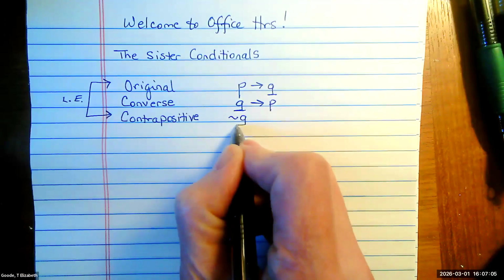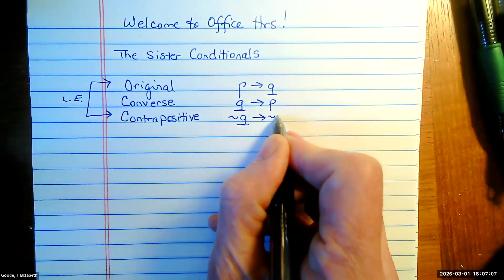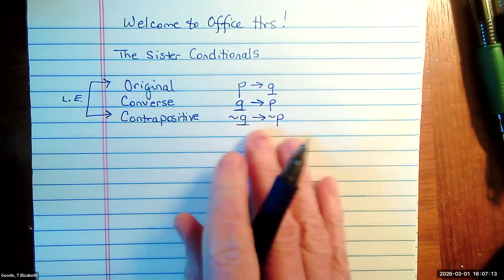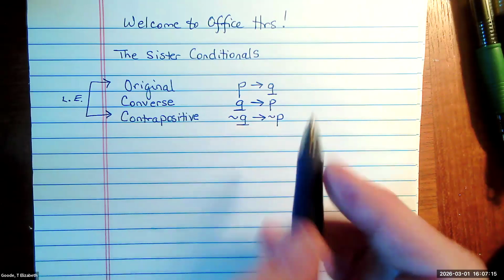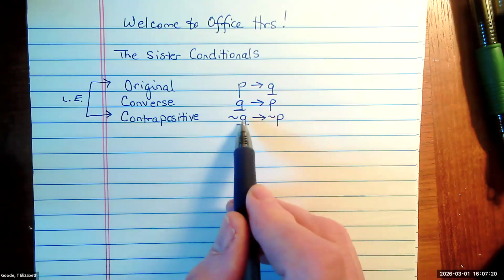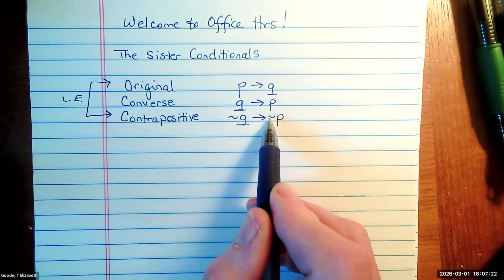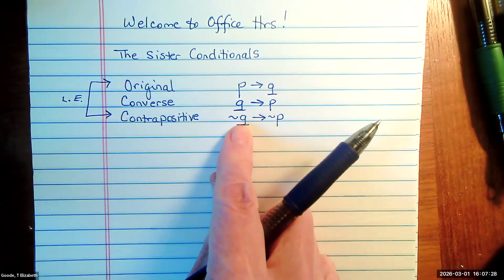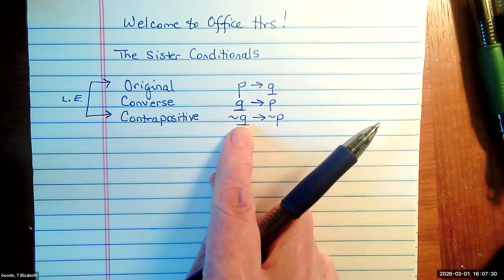If not Q, then not P. That's what I meant. There you go. We switch the P and the Q and we negate them both. There's not anything more you could do to change the original than to switch the positions of the components and negate both components. Do you see how this is really the most complicated thing we could do to the original?